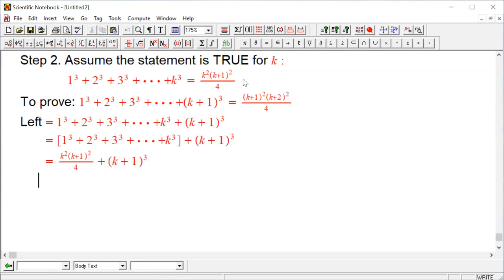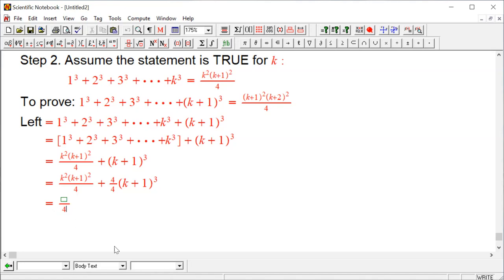And we're pretty much using the same trick. Make the common denominator: multiply by 4, divided by 4, and factor out the 4, along with other common factors.